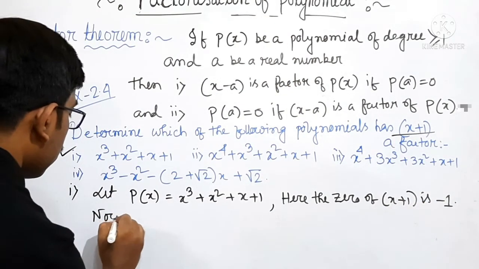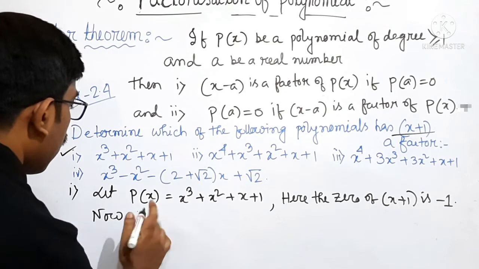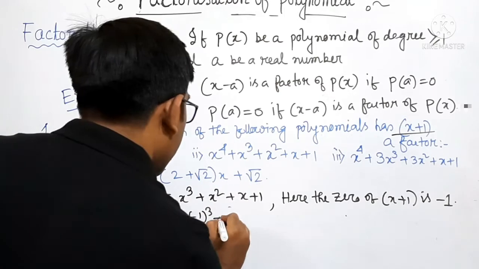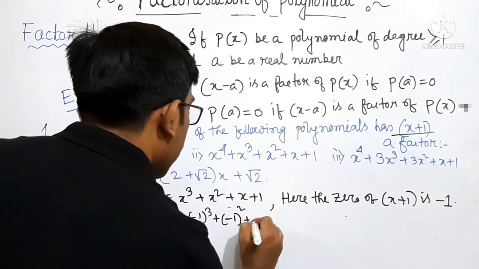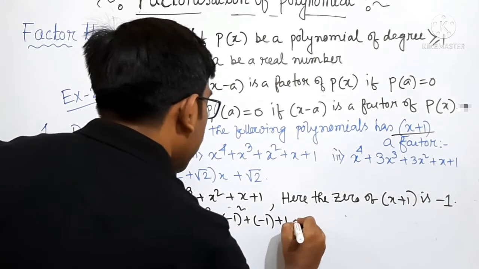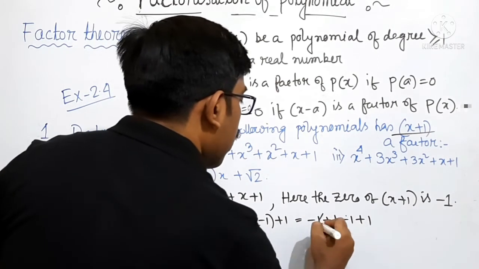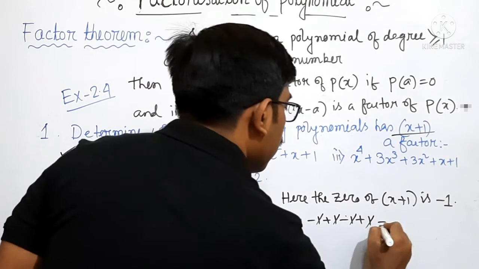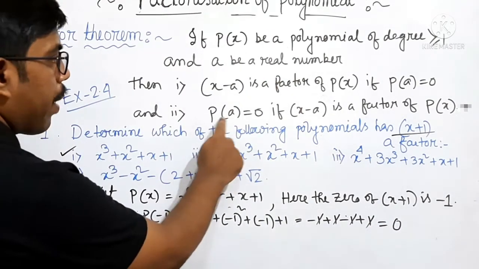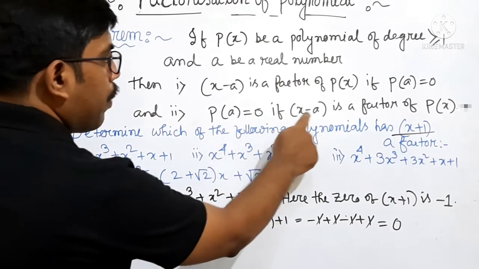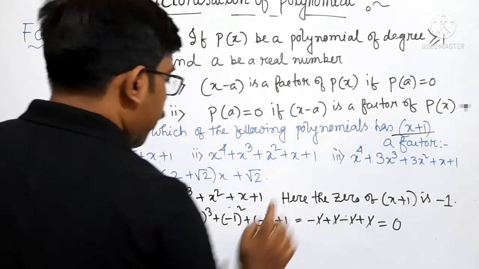Now P of minus 1 is equal to minus 1 whole cube plus minus 1 whole square plus minus 1 plus 1, and it will be minus 1 plus 1 minus 1 plus 1, it will be 0. From factor theorem we know that P(a) is equal to 0 if x minus a is a factor of P(x).